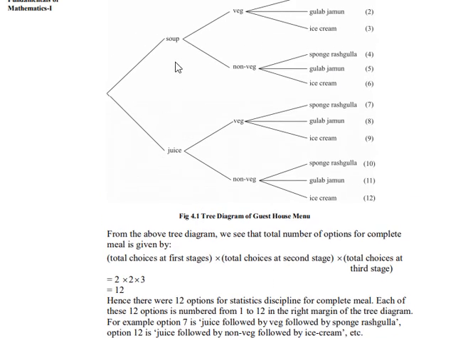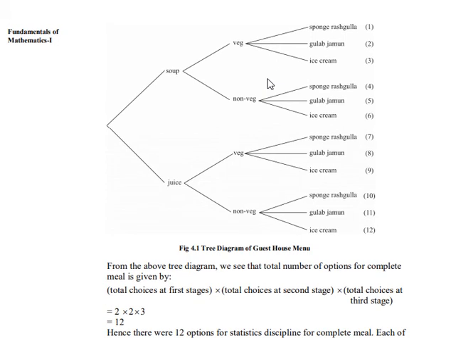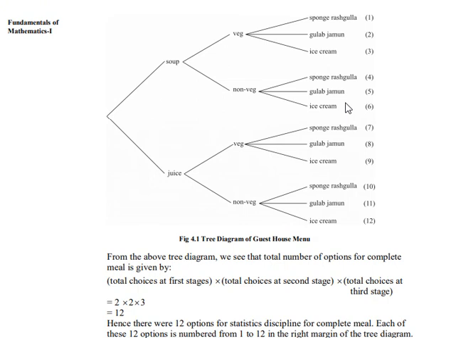For every juice and soup you have two more options, so 2 into 2, and further these are divided into another three options. So basically it's 2 into 2 into 3, and you can see from this split example how you get those 12 options for the meal.